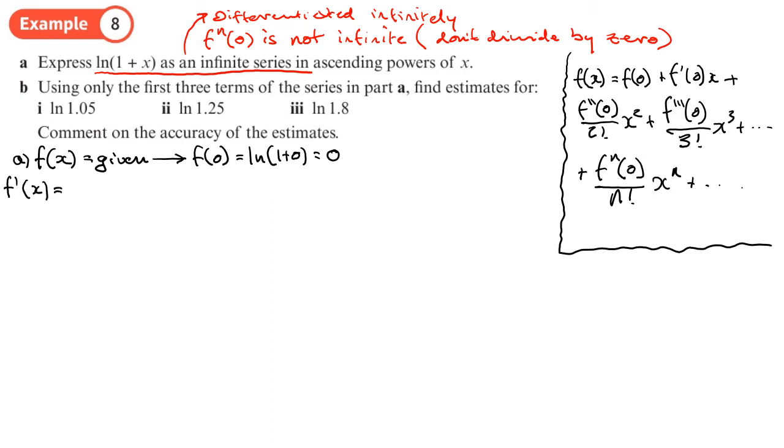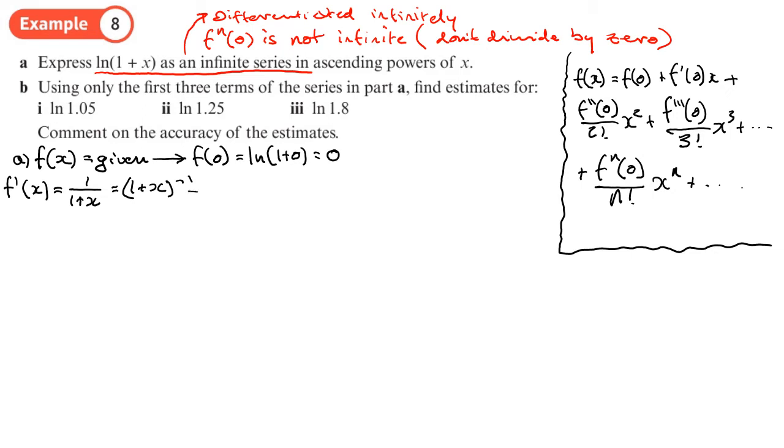So that will be 1 over 1 plus x using the chain rule. And I'm going to write it like this because this is going to be useful for the next bit when I want to try and differentiate that again, because I don't really want to start using things like the quotient rule or things like that at this stage.